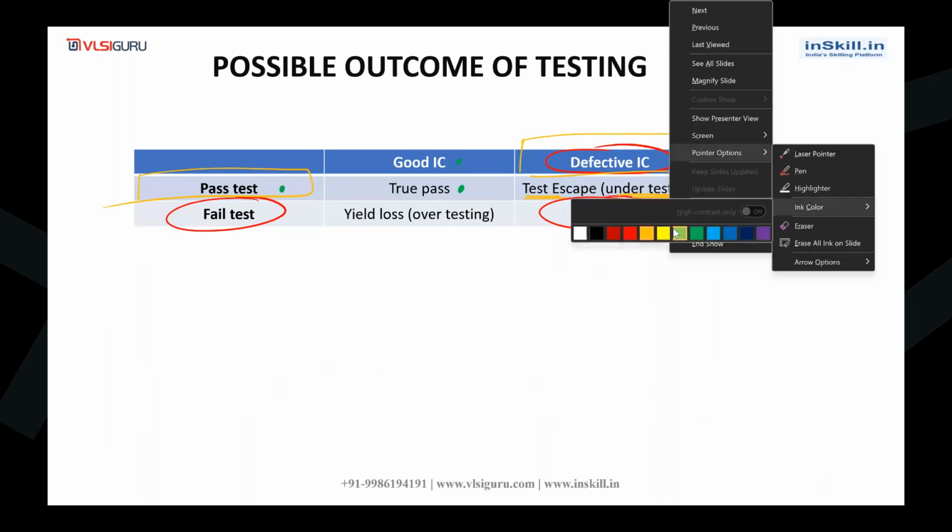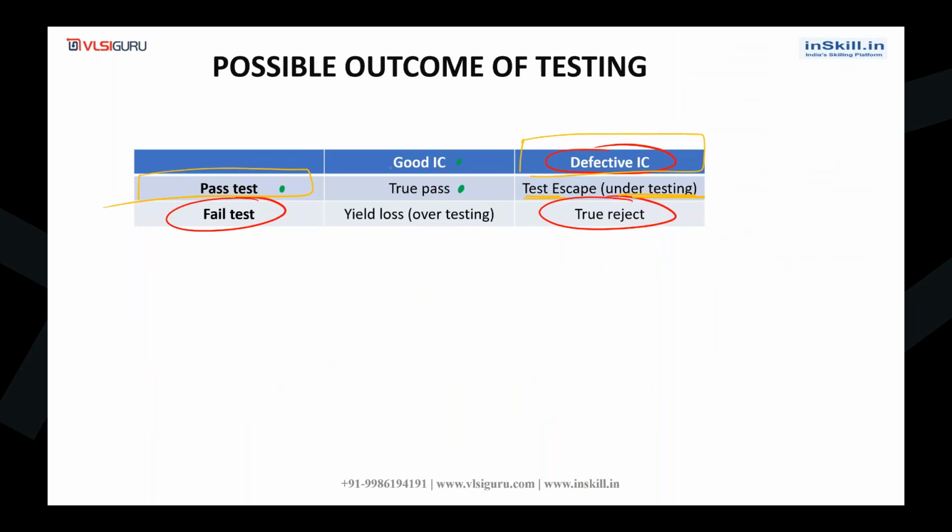And if a good IC fails the test, it is called yield loss. It's also called over testing.